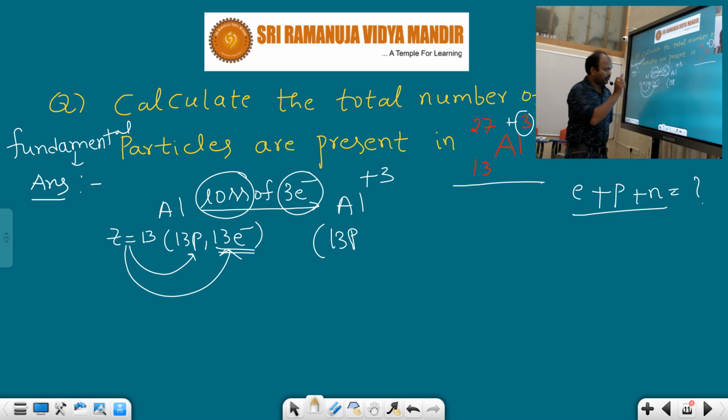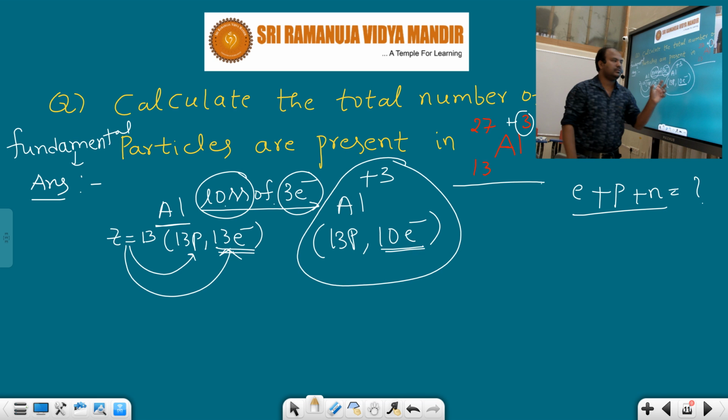For this cation, we have to calculate the electron number, proton number as well as neutron number. Could you please tell me how many protons are there? Here observe that protons are 13. How many electrons are there for the aluminium plus 3 cation?